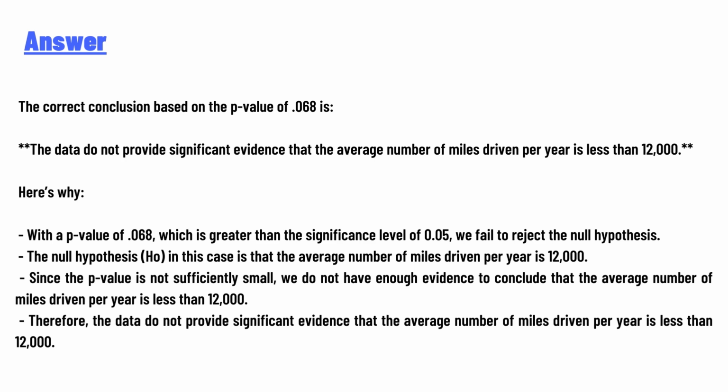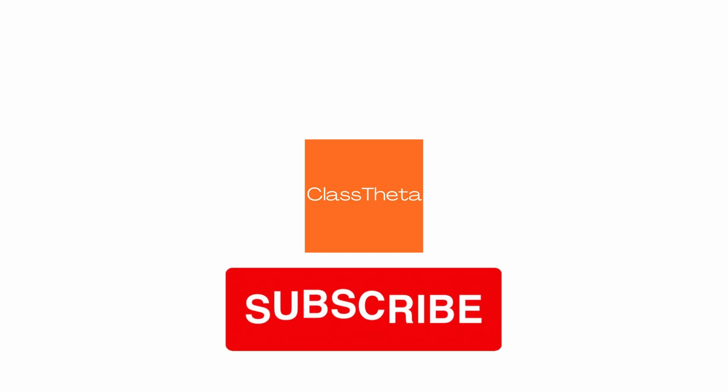The null hypothesis in this case is that the average number of miles driven per year is 12,000. Since the p-value is not sufficiently small, we do not have enough evidence to conclude that the average number of miles driven per year is less than 12,000. Therefore, the data do not provide significant evidence that the average number of miles driven per year is less than 12,000.